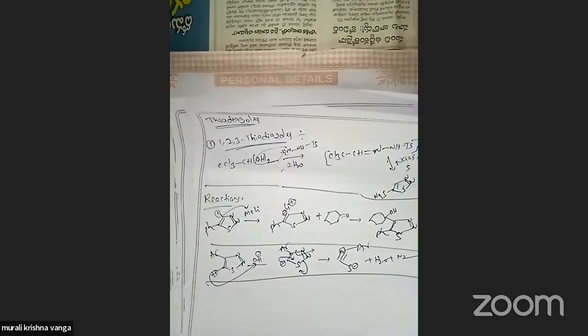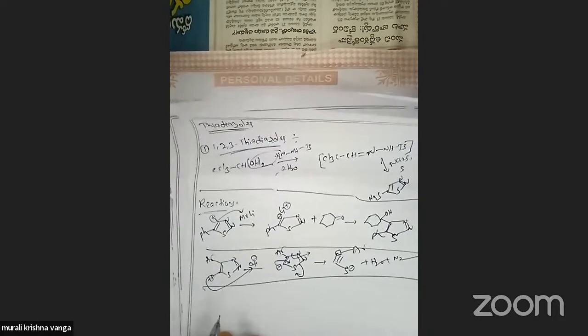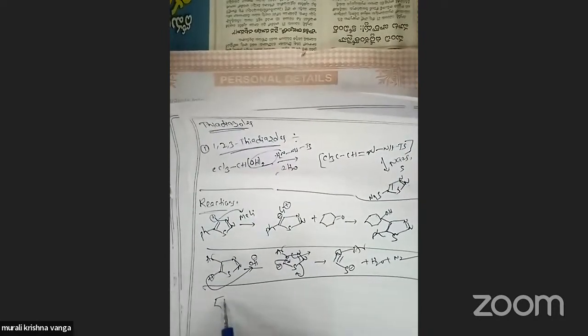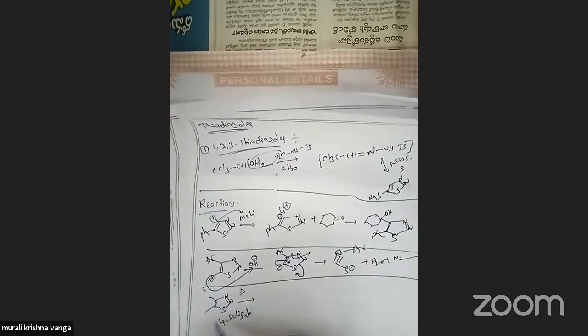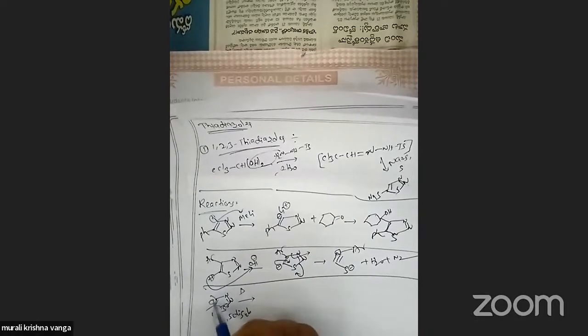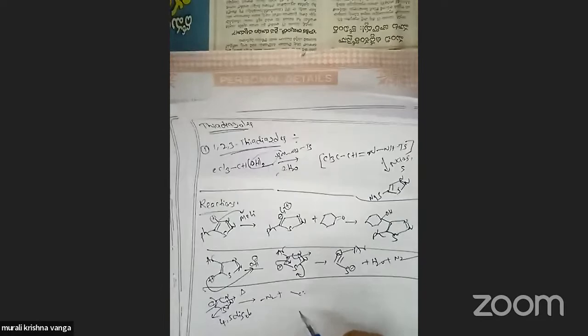When 4, 5 disubstituted 1, 2, 3 thiadiazoles are heated, they involve cleavage of the ring, elimination of nitrogen gas, plus this carbon becomes a carbene.